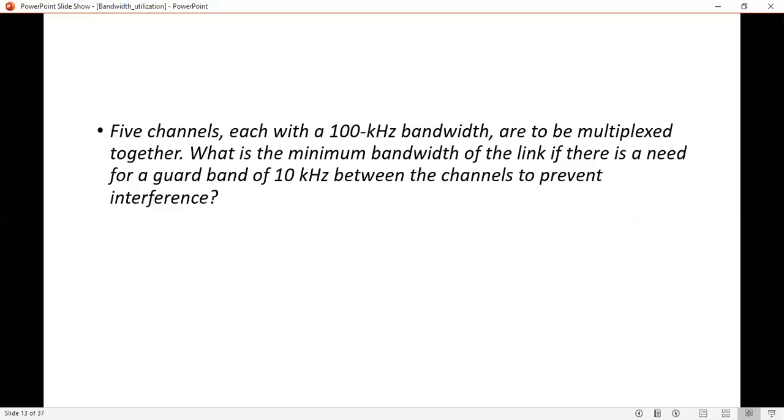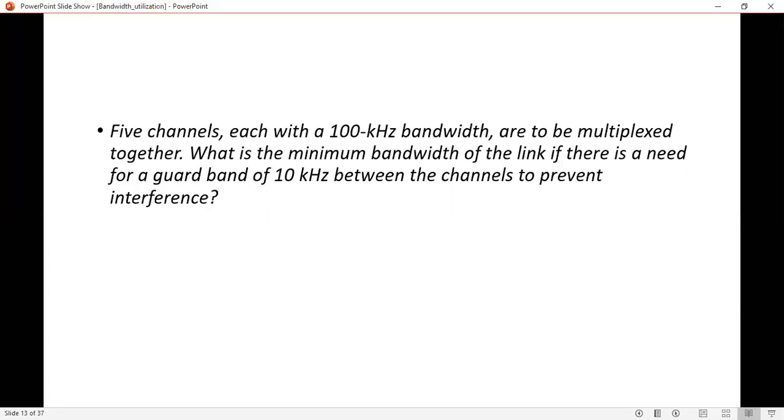One more example. In this example we will use the guard band. Now you will understand what a guard band is. There are 5 channels, each with 100 kilohertz bandwidth, to be multiplexed together.